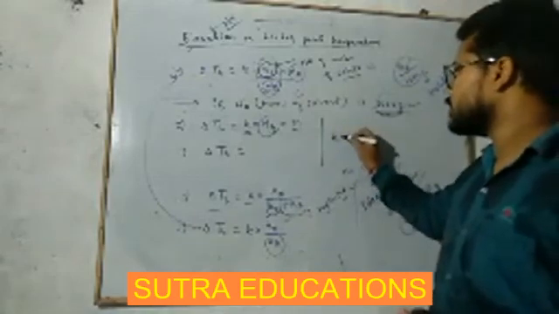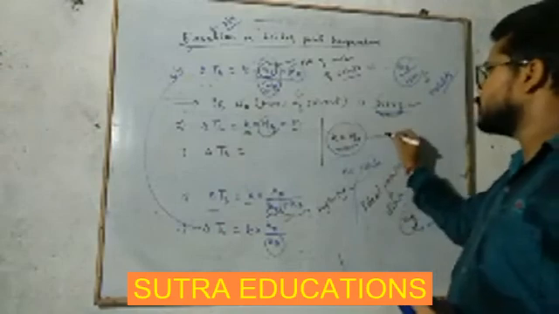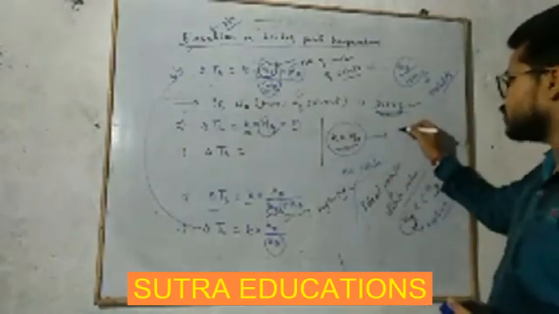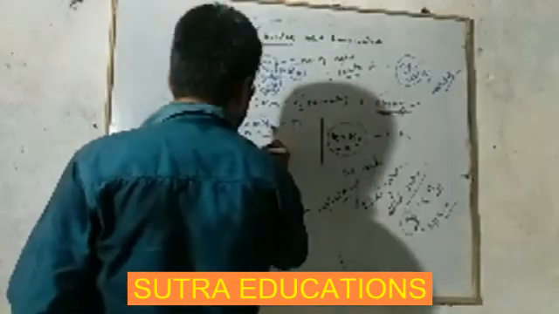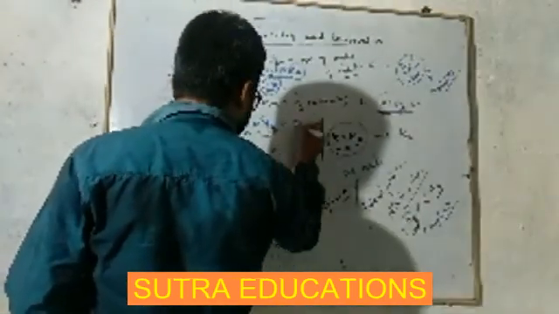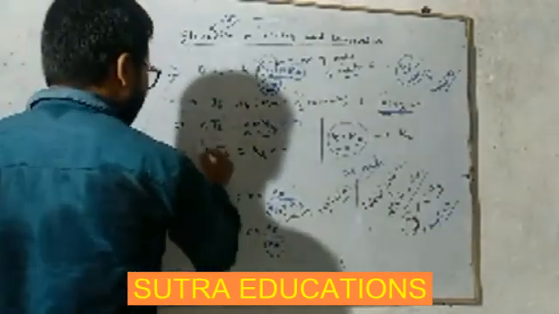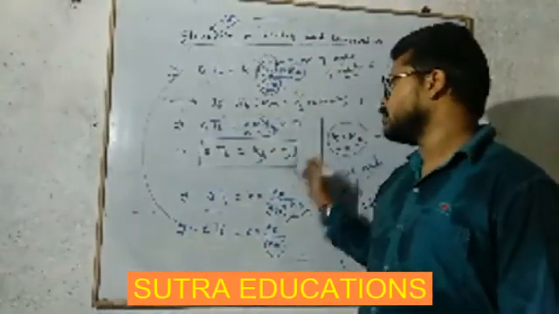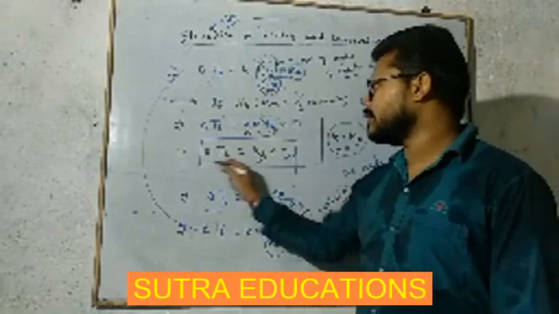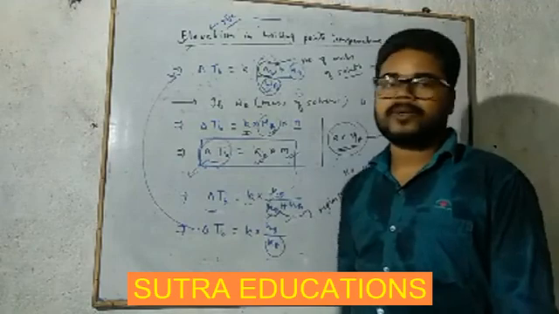So K into Ma, both are constant, and in place of this we can write a new constant, say Kb. So delta Tb is equal to Kb into molality, and we have proved the relation, where Kb is the molal elevation constant, m is the molality, and delta Tb is the elevation in the boiling point temperature.